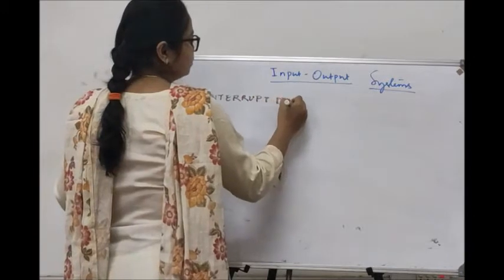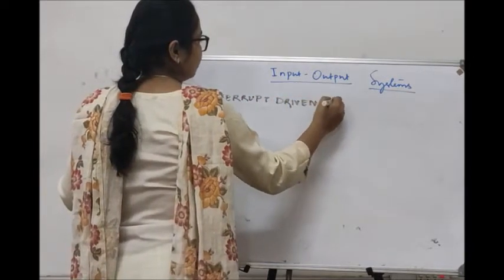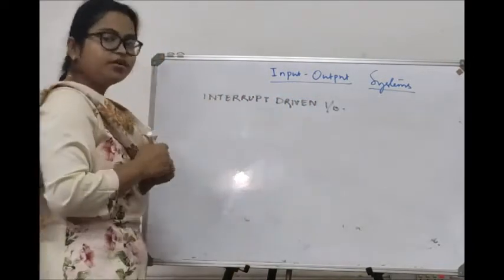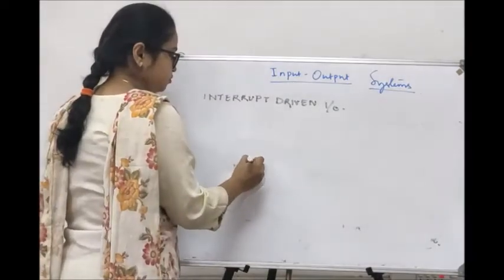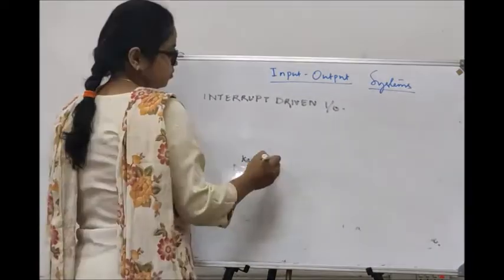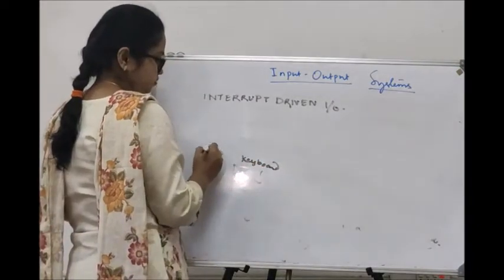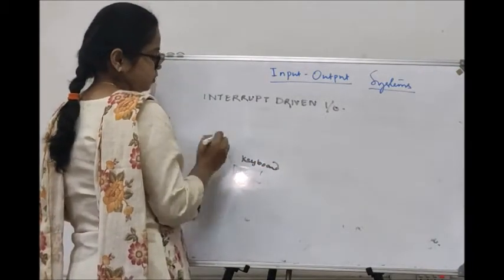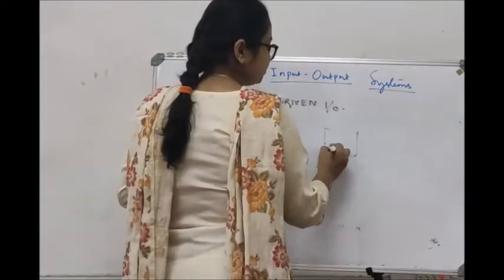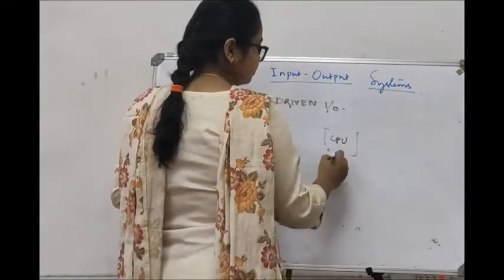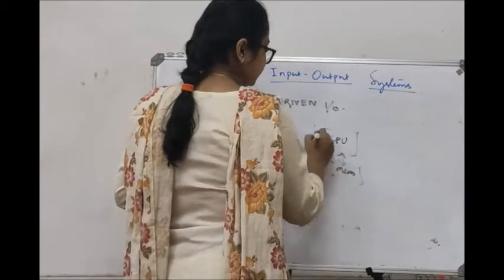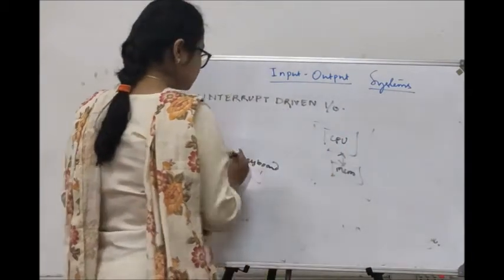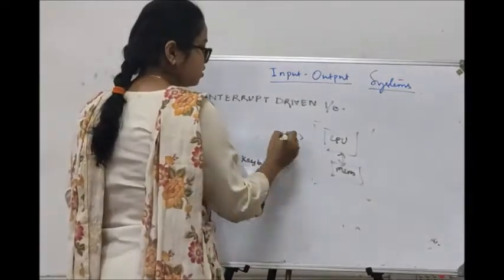Interrupt driven IO. What happens in interrupt driven IO is, see, suppose this is the keyboard, IO device. Now this is the CPU, this is memory, these are connected, this is the entire system suppose, and these are our devices.